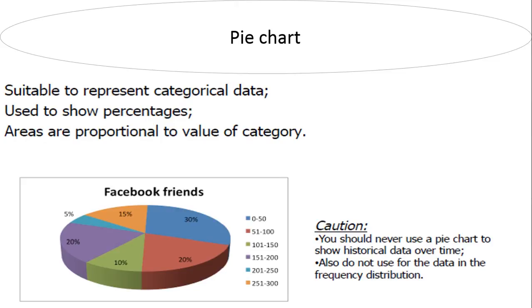That's the case of the Facebook friends example that I showed you earlier in this tutorial, and you can make a pie chart presentation of this situation. But be cautious, because you should never use a pie chart to show historical data over time, and you also do not use it for data in a frequency distribution.